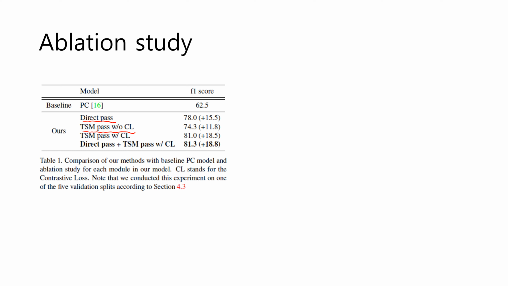But the one with the auxiliary contrastive learning loss significantly improves the performance. We think that there would be some more interesting ablation studies, but due to lack of time, we could not conduct them. We are planning to do them in our future work.